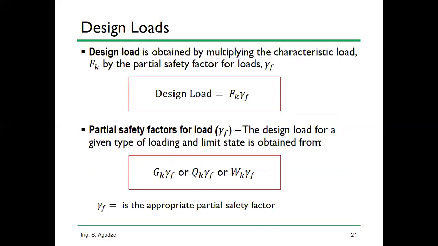Okay. So once again, remember that the design load is the characteristic load times the gamma factor, and the gamma factor is what we just looked at for loads. Whether it is dead load, imposed load, or wind load, they all have their own factor, as we have seen in the previous slide.